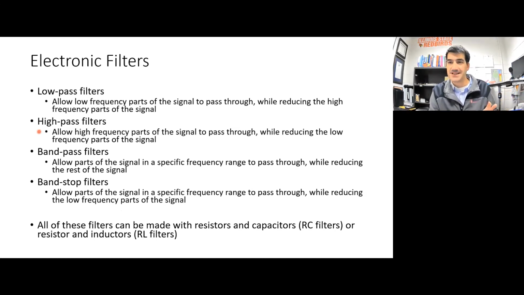I would say this is probably a little bit less common than a low pass filter, but there still are plenty of applications where you need high pass filters. And this is just the opposite of a low pass filter. It allows the high frequency parts of a signal to pass through to the output of the filter while reducing or blocking or minimizing the lower frequency parts of the signal.